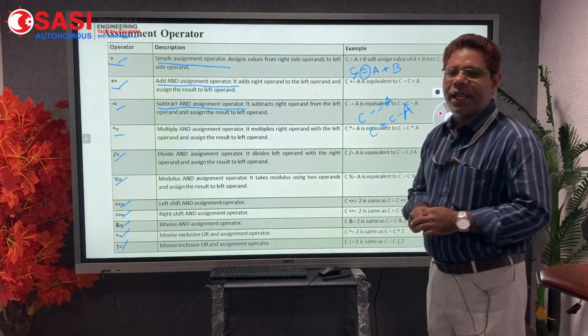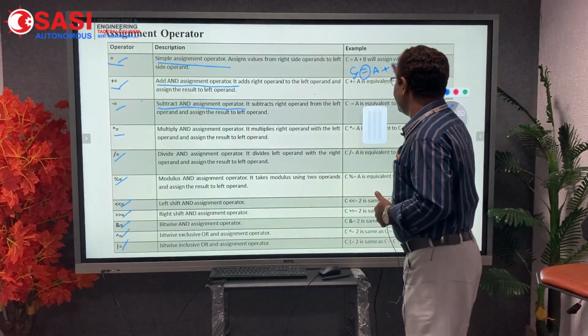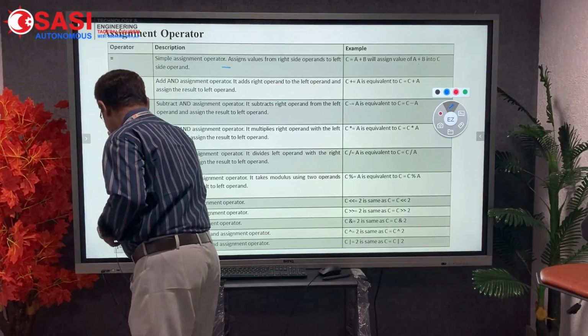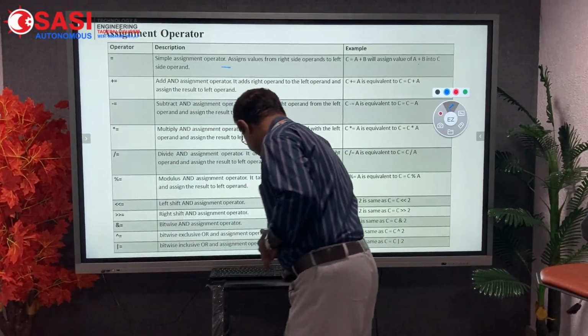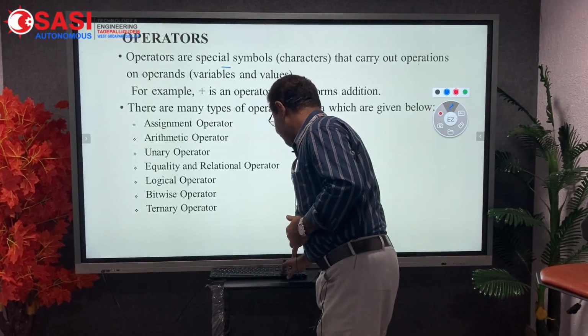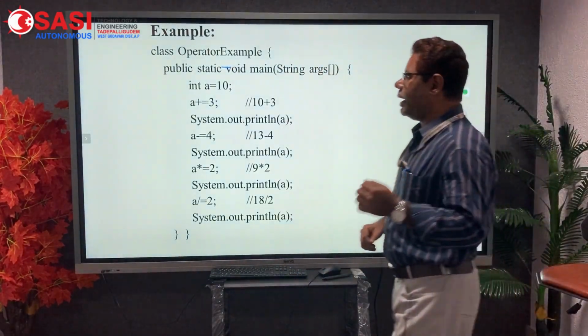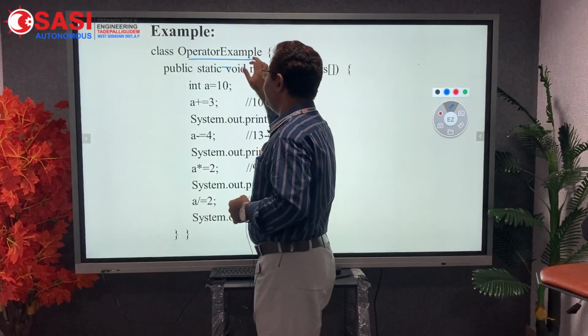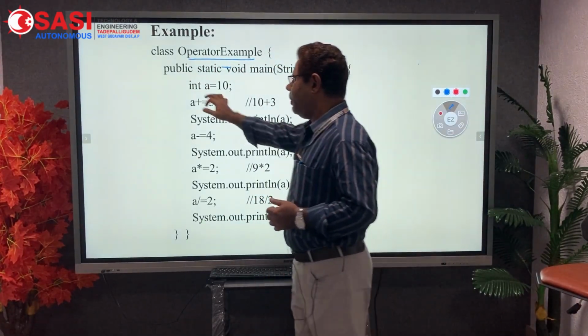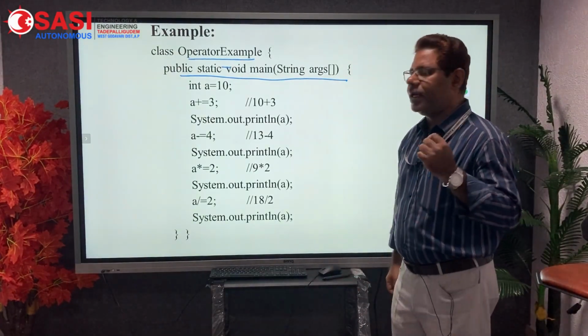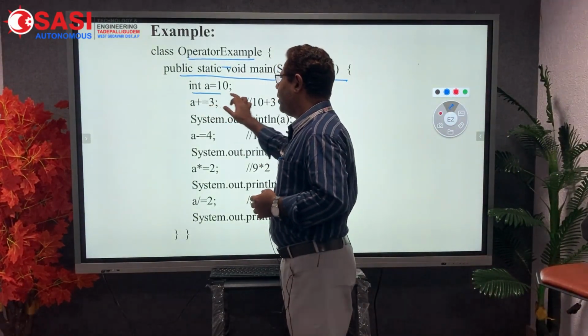Now we can see one example for these assignment operators. Consider we take one class, operator example. We write a main method, public static void main. Consider a variable int a equal to 10.